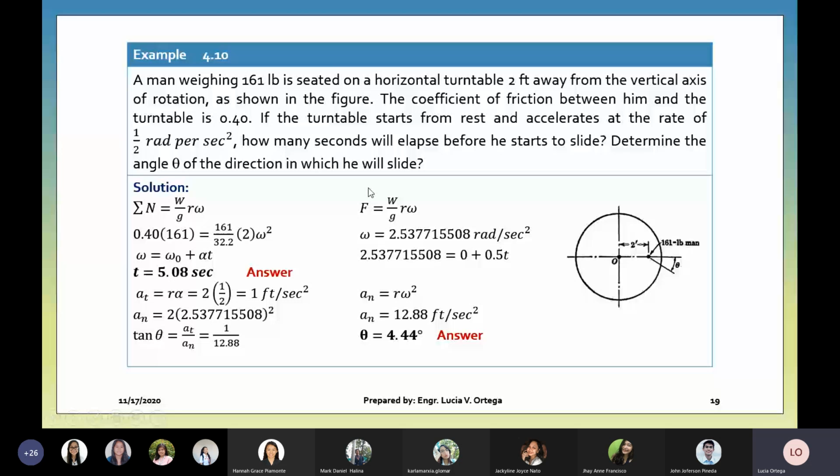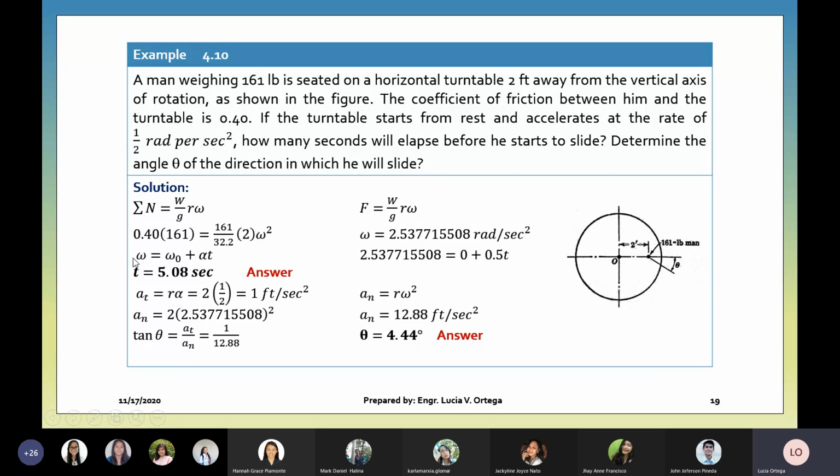Then this is the equation. F is W over g times RW. When we substitute, is the equation W squared? You check. This is only W and here is W squared. So that is a typographical error. So solving for W, that is 2.538 radians per second. It's in this direction. Okay.